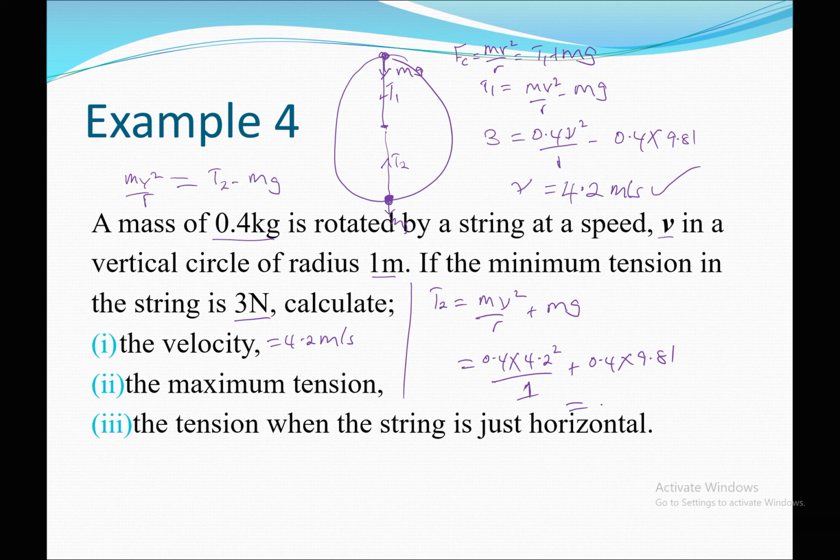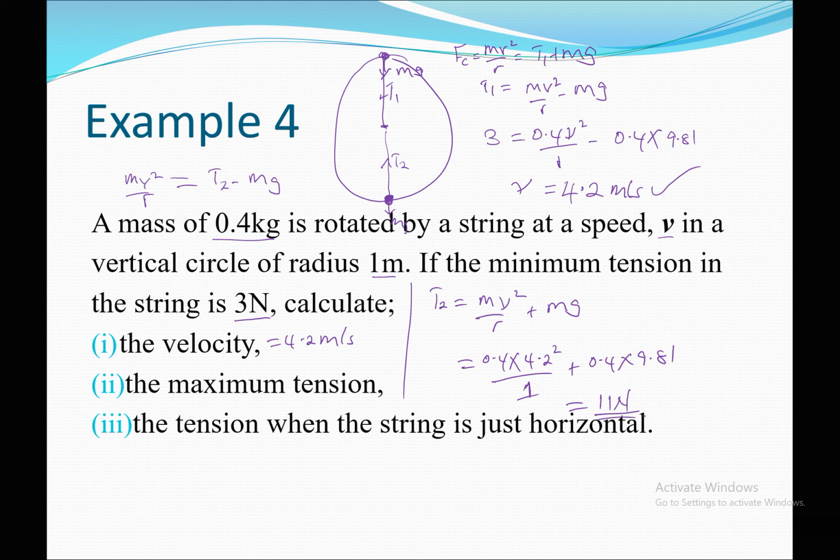So 0.4 times 4.2 squared plus 0.4 times 9.81. So this is giving me 10.9 or approximately 11. So I'll just write 11 newtons approximately.